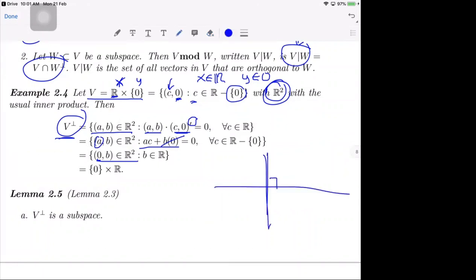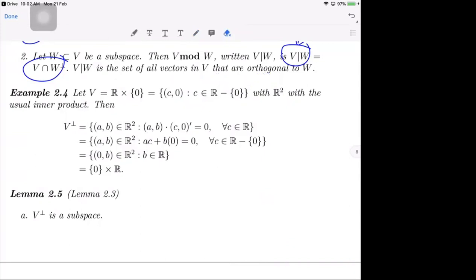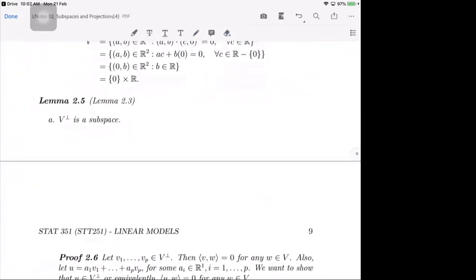So this is the line or the set of all points which is perpendicular to V. So if this is V, this is B perp. Okay, so that is an example. And higher dimension will be difficult to imagine, no? Basta yun lang siya, so one-dimensional or two-dimensional.